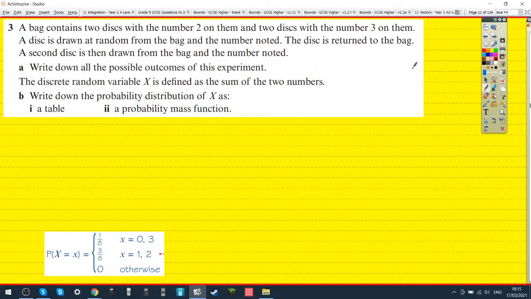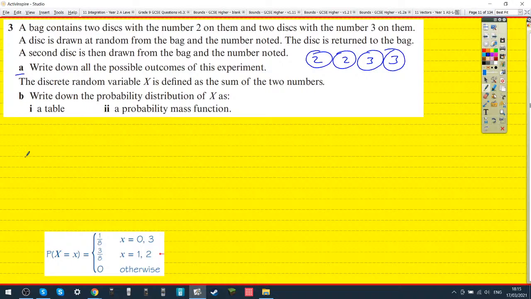So the chance of picking up a 2 is 2 in 4, so a half. Hold on. All possible outcomes. A disc is drawn at random, second disc, number noted.